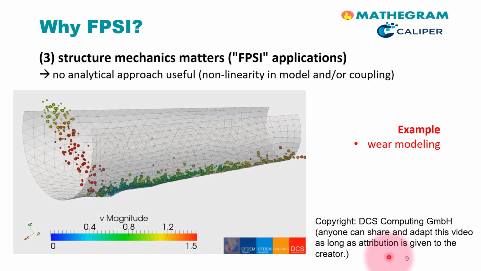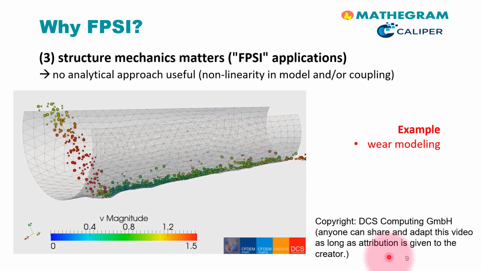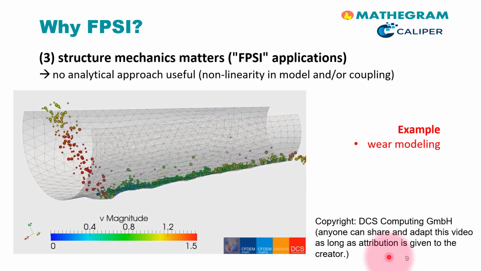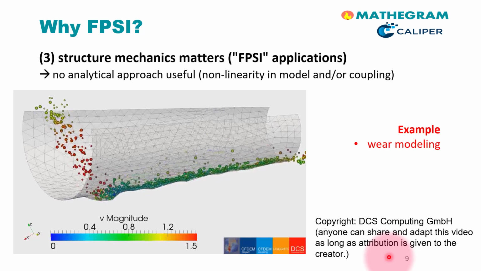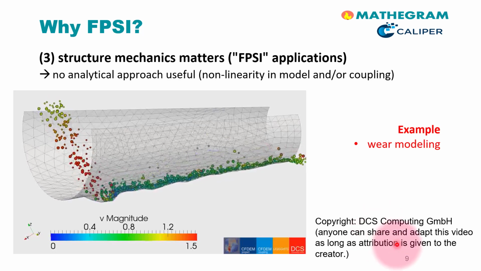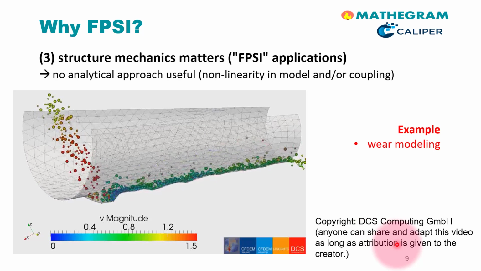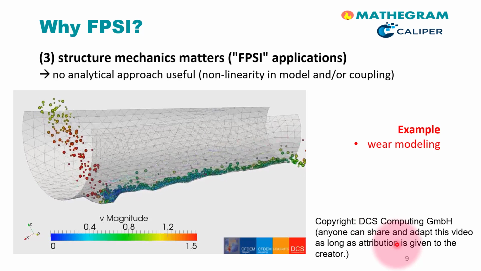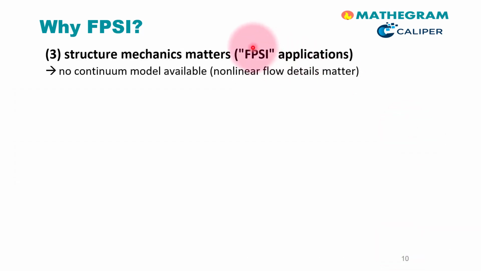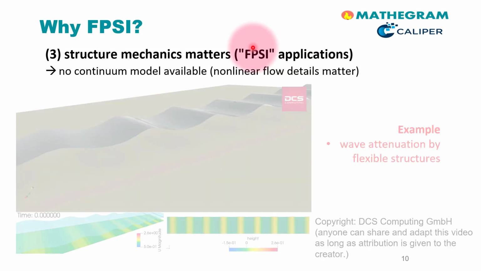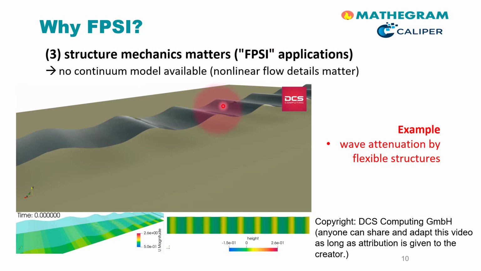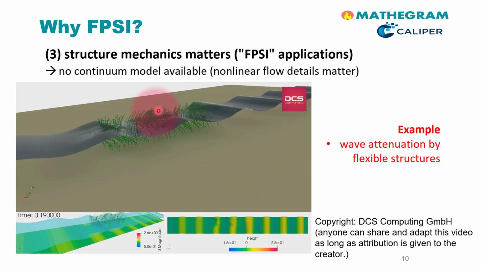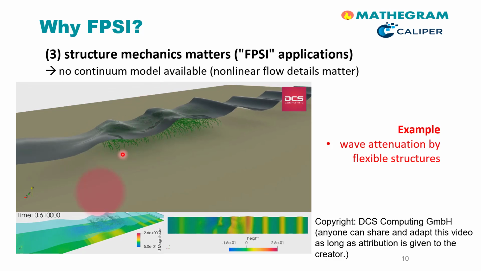Another fascinating application of FPSI is motivated by the simple fact that no continuum model can be built to replicate some applications. Specifically, look at this example in which an already complex gas-liquid flow with a free interface, i.e. waves, is interacting with flexible fiber-like particles.